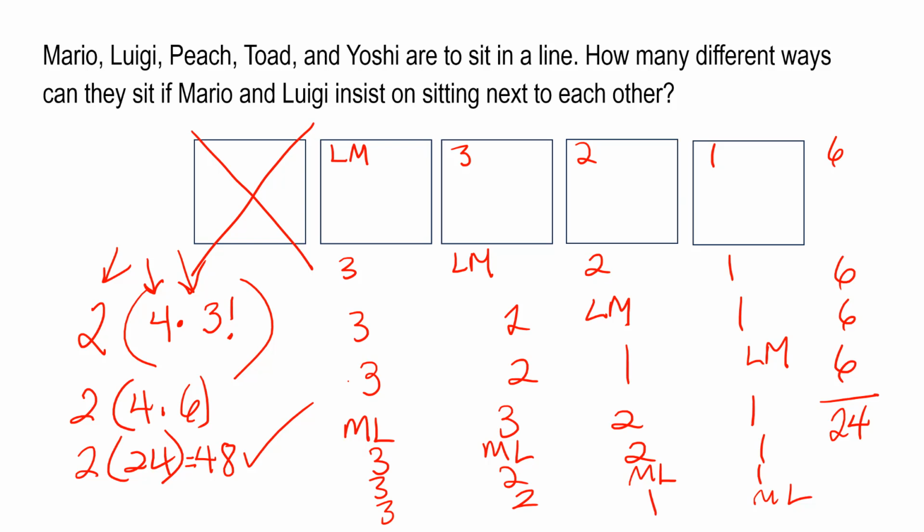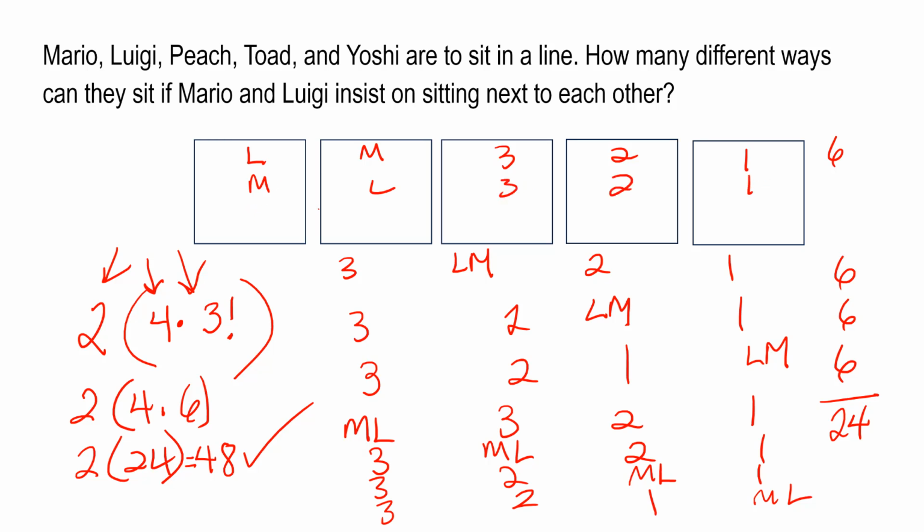And still another way to do it would be to use all 5 boxes and just go ahead and seat Mario and Luigi all the different ways they can be seated. So you can have Luigi, Mario, and then 3 times 2 times 1. You can have Mario, Luigi, and 3 times 2 times 1 for everybody else.